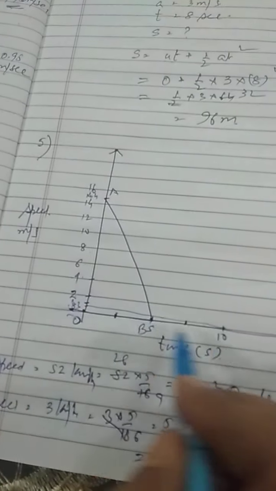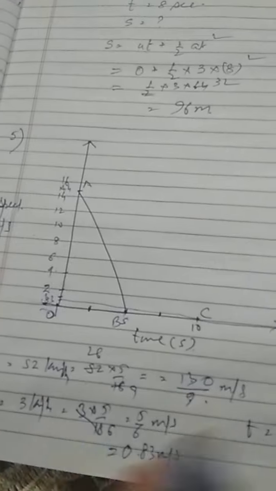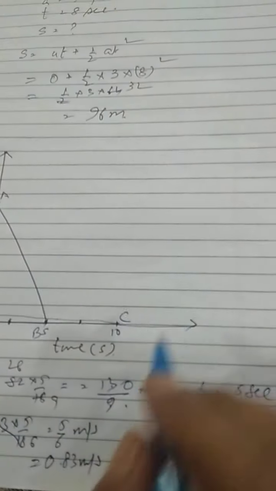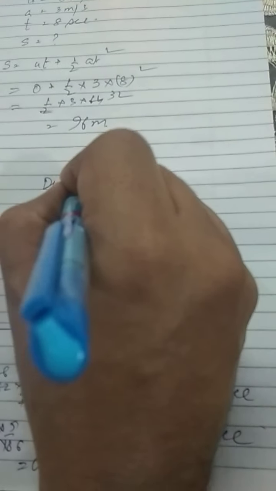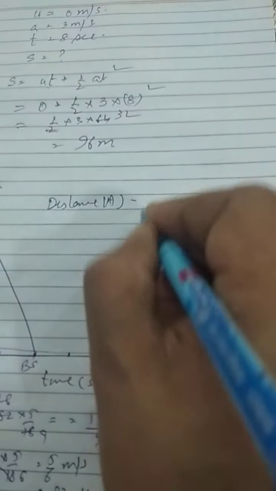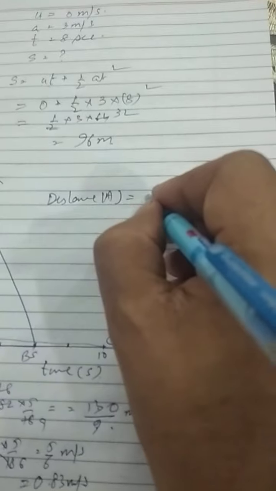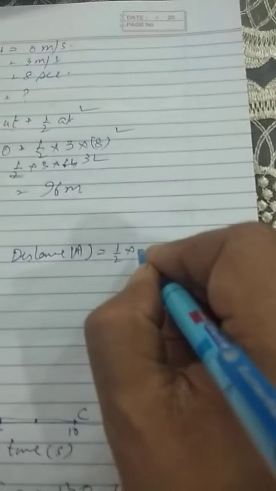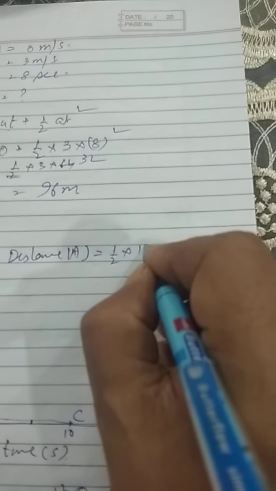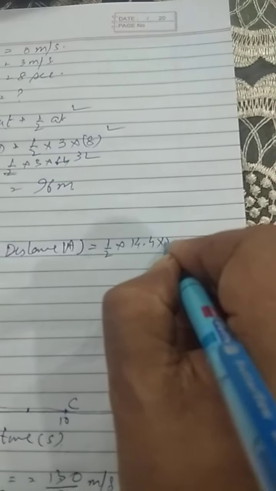So we have two triangles, AOB and AOC. The distance covered by car A is the area under the graph. So we have to find the area of the triangle: half base into height. Base is 14.4 into 5.